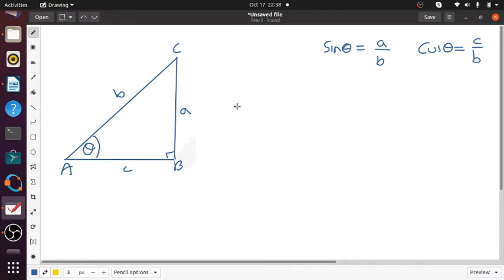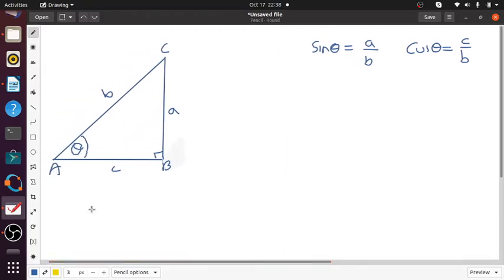Okay, we'll start with the right angle triangles, and in this ABC triangle, you have C as the adjacent side to theta and A as the opposite side to theta, and B is the hypotenuse because this is a right angle triangle. From O levels and previous lessons, you know that given a right angle triangle and all the sides, you can find the sine function and the cosine function.